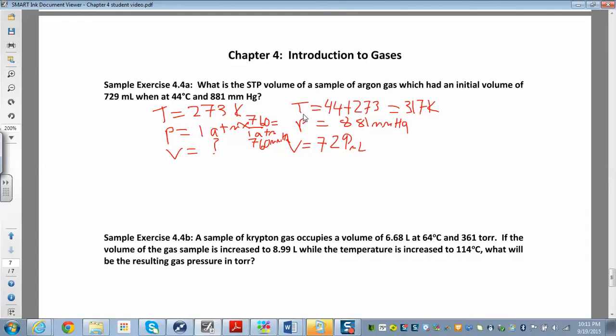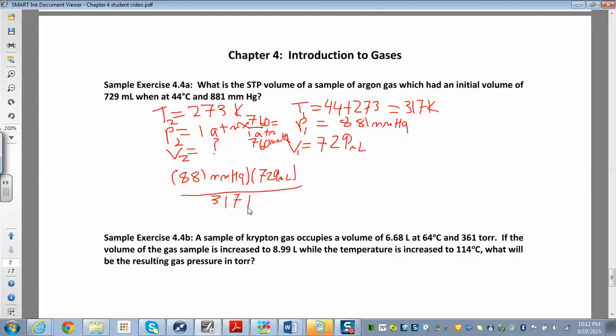These are your initial conditions, and you're looking for volume 2. But it doesn't matter what you call 1 and 2, just as long as this temperature, pressure, and volume go together, and this temperature, pressure, and volume go together. So P1 V1 over T1: we have 881 millimeters of mercury times 729 milliliters, divided by 317.